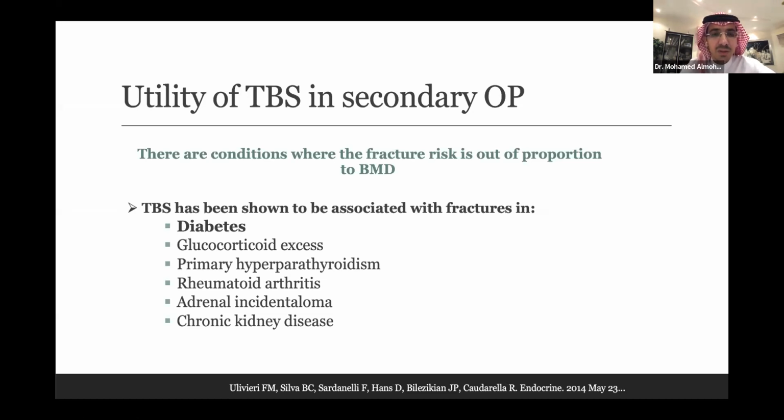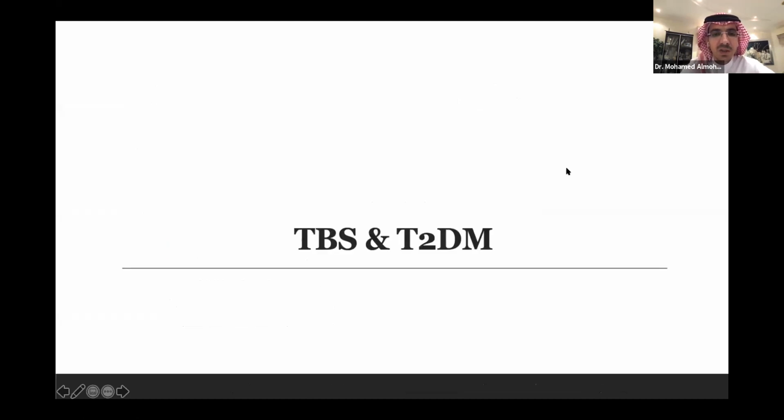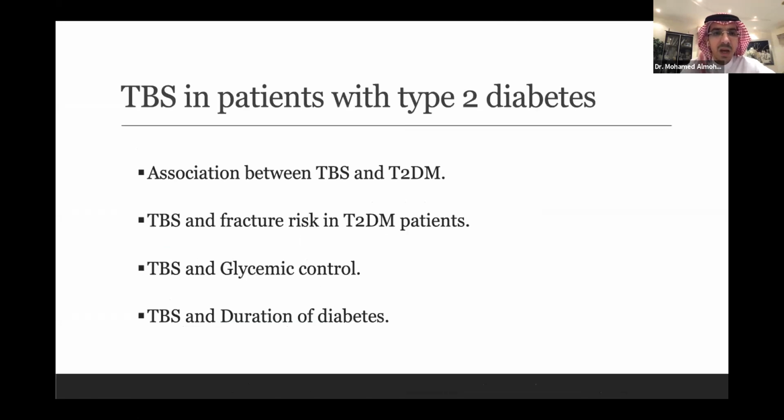My talk today will be focused on diabetes, mainly type 2 diabetes, as we are seeing a lot of patients with type 2 diabetes. So what is the relation between the TBS and type 2 diabetes?